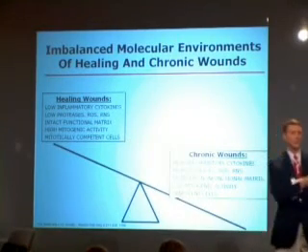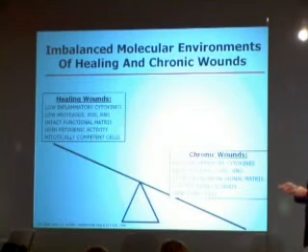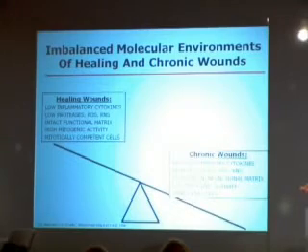Even reducing that more simply into just a concept of balance versus imbalance. In a healing wound, what we have is a peak and then a reduction and a drop-off of inflammatory cytokines. We also have a peak and then a release and a reduction in the proteases and the reactive oxygen and the reactive nitrogen species.